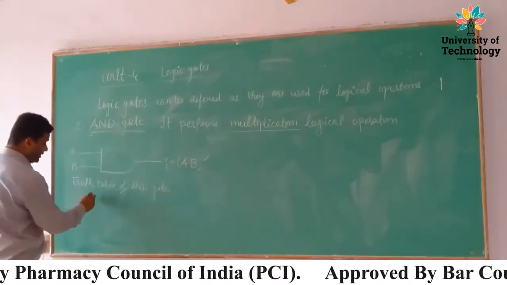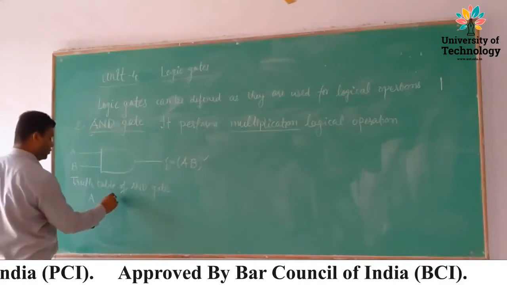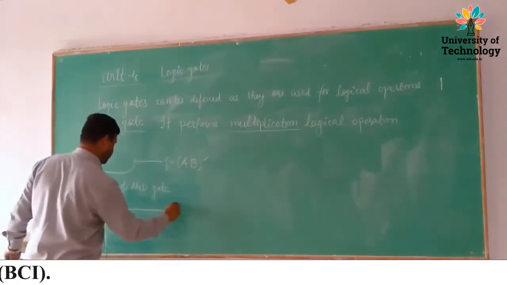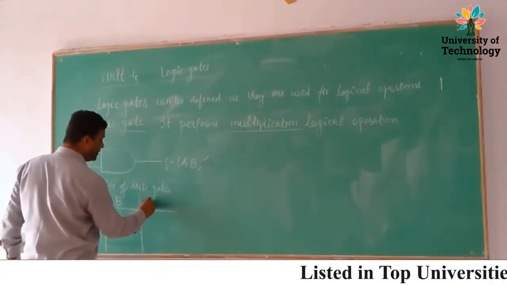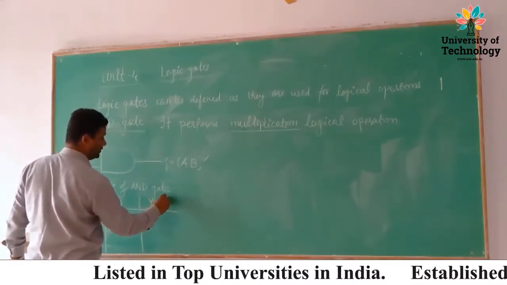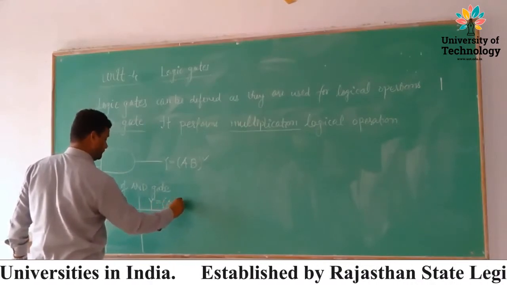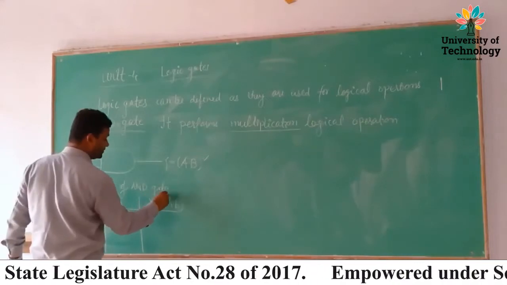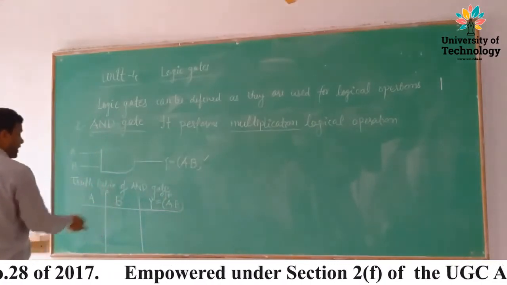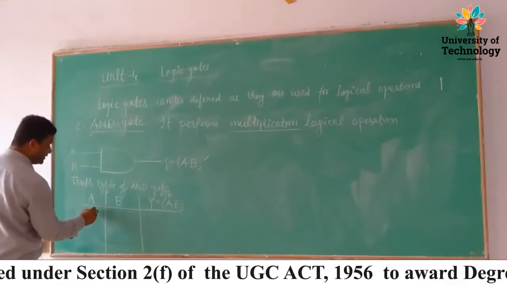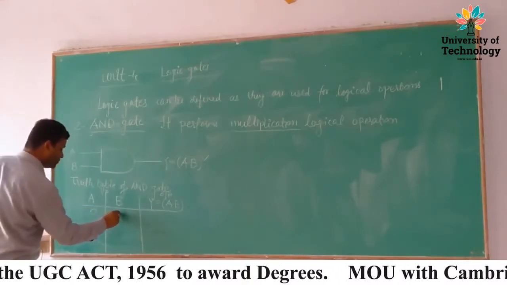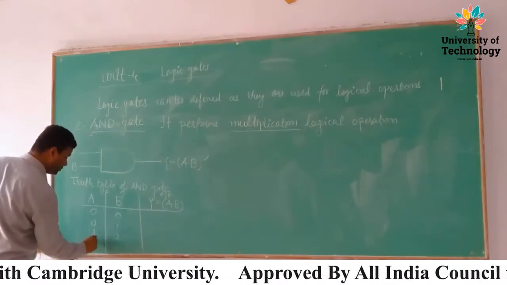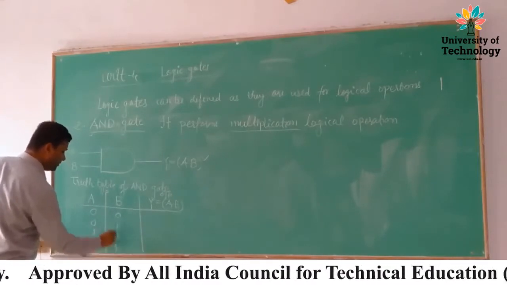Here we will consider also both inputs A, B and output Y. These are inputs and this is output. Again, we will consider the values 0, 0, 0, 1, 1, 0, 1, 1.